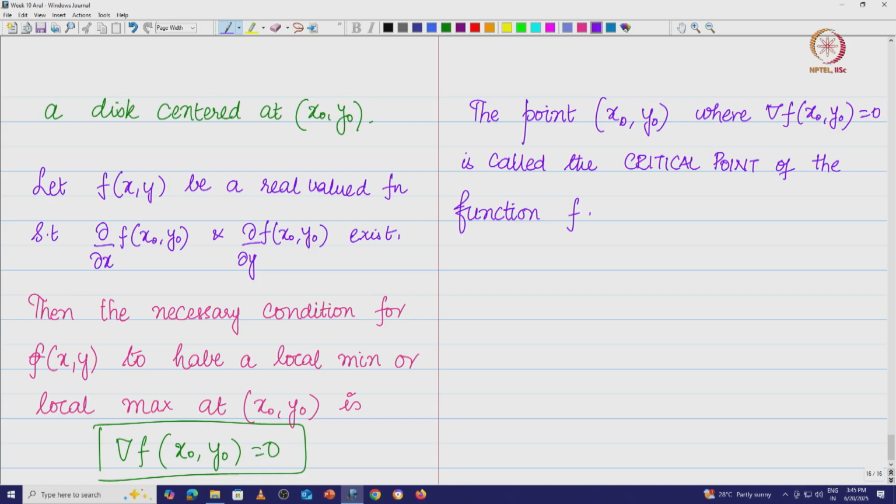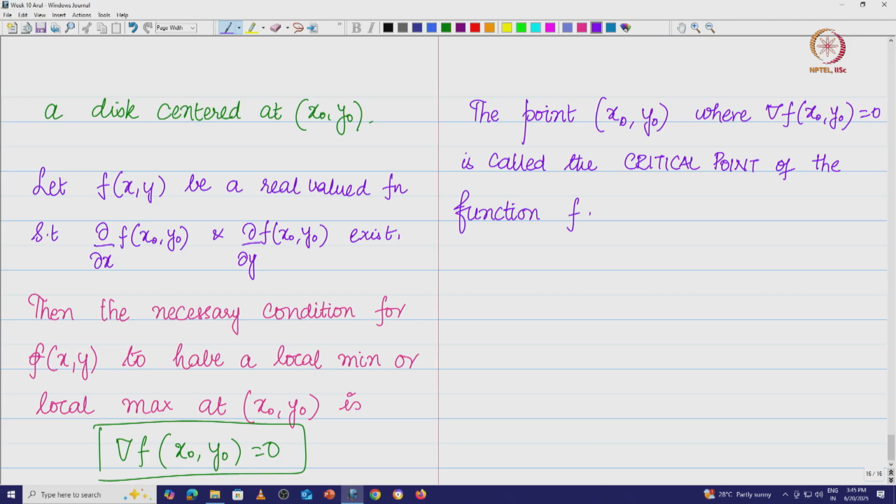So you just need to do the partial derivatives, equate the partial derivatives to 0, and you end up getting the critical point. But there is one problem here. What is the problem? This is a necessary condition, but it may not be sufficient.